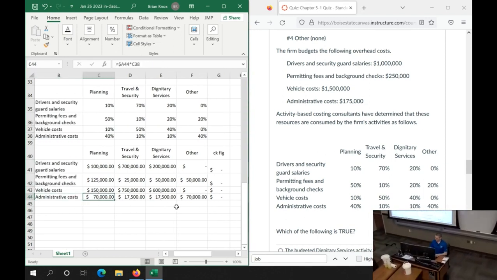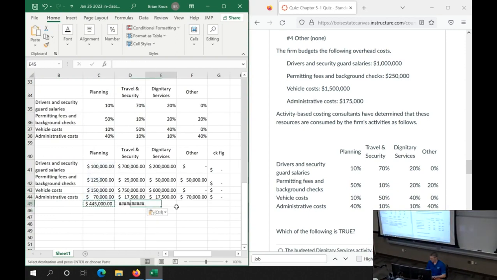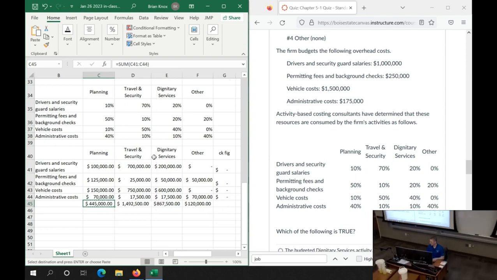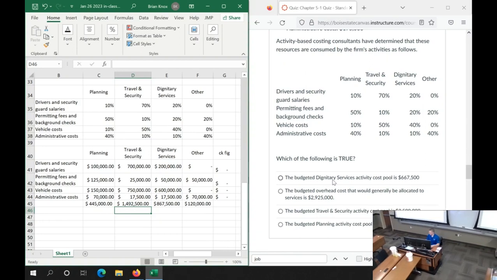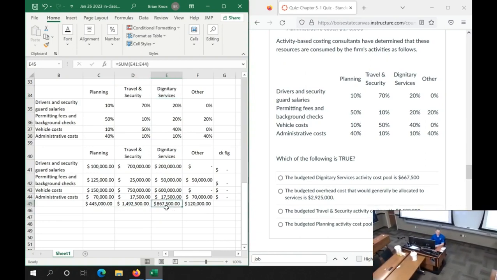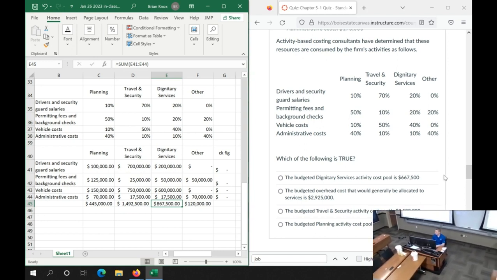All right, so now we need to sum these columns and see what's true and what's not. So, dignitary services, activity cost pool. Is that 667,500? No. So that one's false, right?